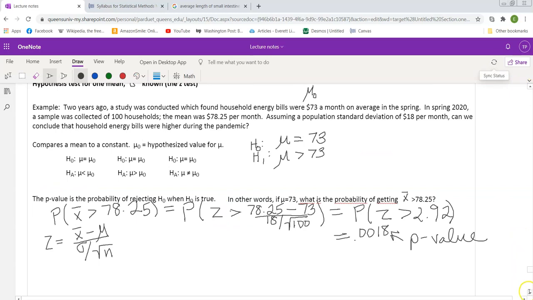And so we found that in this example, we were looking for the probability that x bar was greater than. If this example were less than, then this would be less than as well.